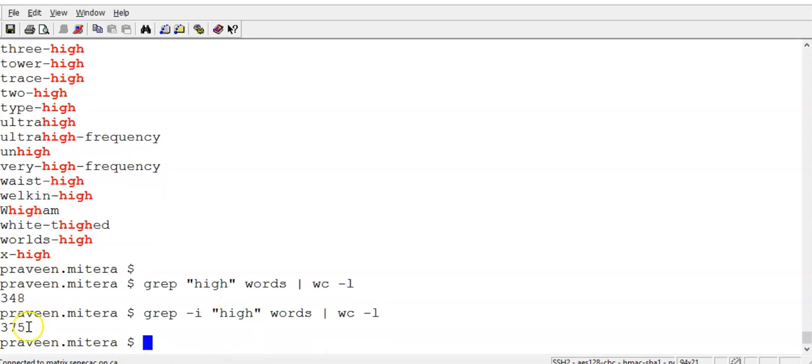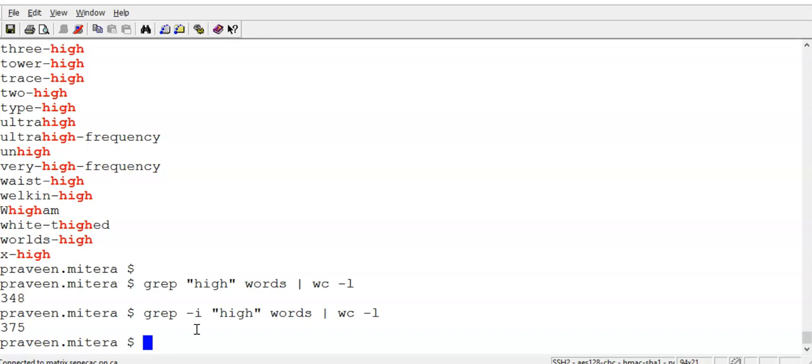And in this case, if you notice, the number of lines is now more. We found 348 lines before, now we found 375 lines. That means we were initially missing some lines because they happen to have uppercase as opposed to all lowercase. So that's always a good thing to remember: -i means ignore uppercase or lowercase.